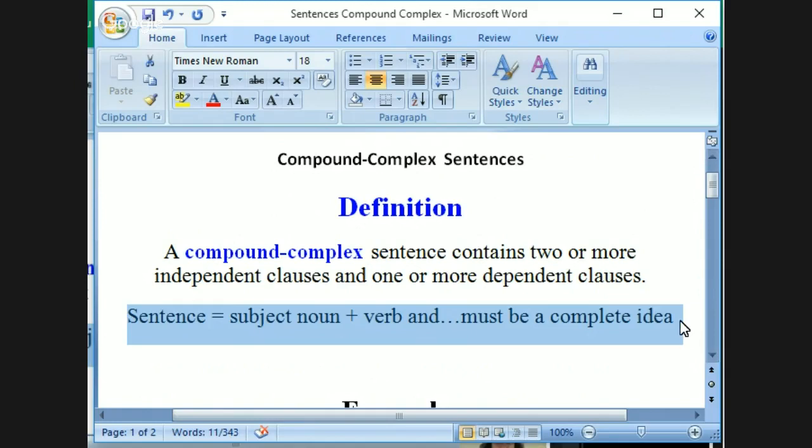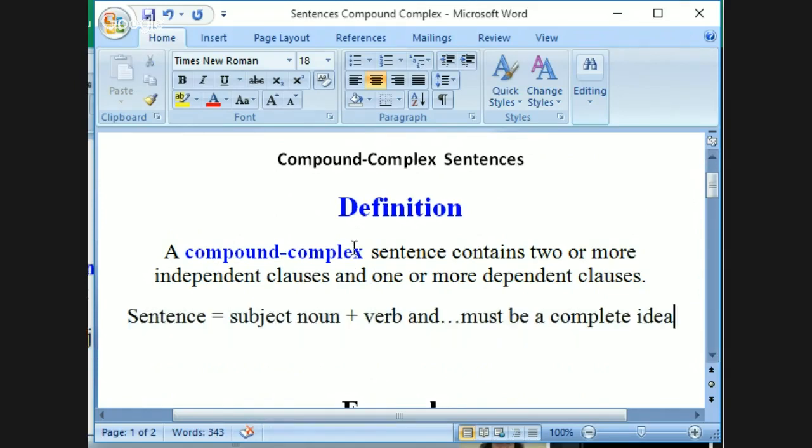So that's basically a sentence or an independent clause. Now we have to know the other element of a compound complex sentence, the dependent clause. What would make a dependent clause or subordinate clause? What does a dependent clause need to have? A link between the independent?